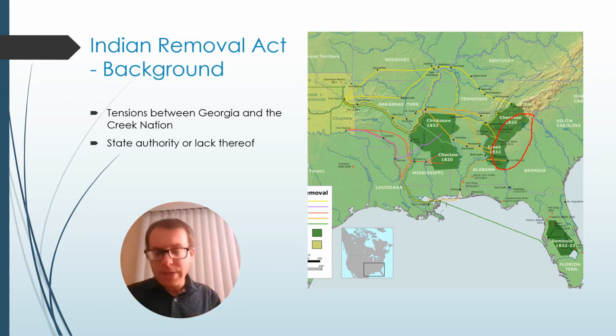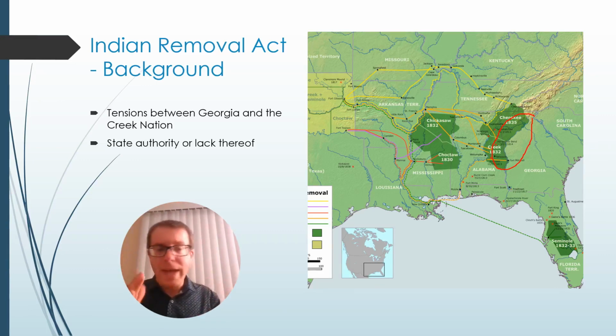And the Cherokees and the Creeks know at this point they're not going to be able to militarily resist the United States. The U.S. at this point is just far too powerful. And so what you get is significant pressure from American settlers and from the Georgian government on the Creek Nation to cede territory to the state of Georgia.